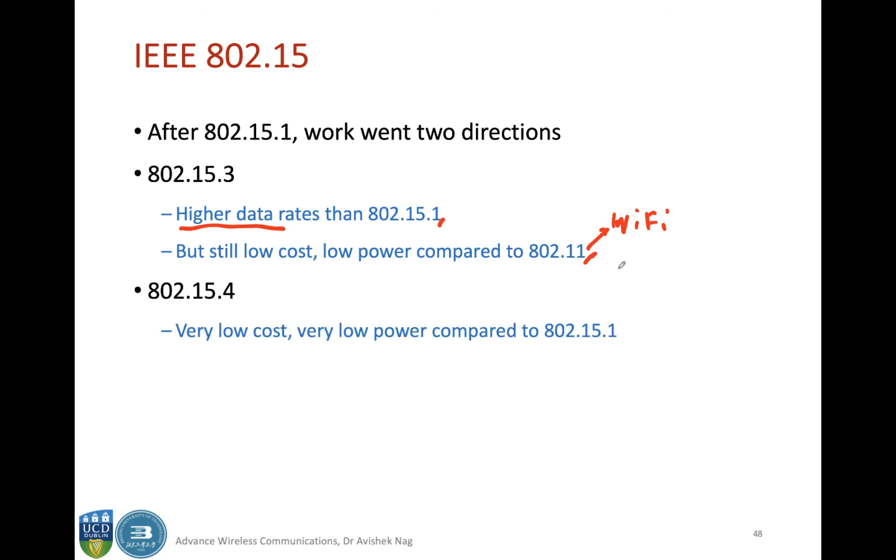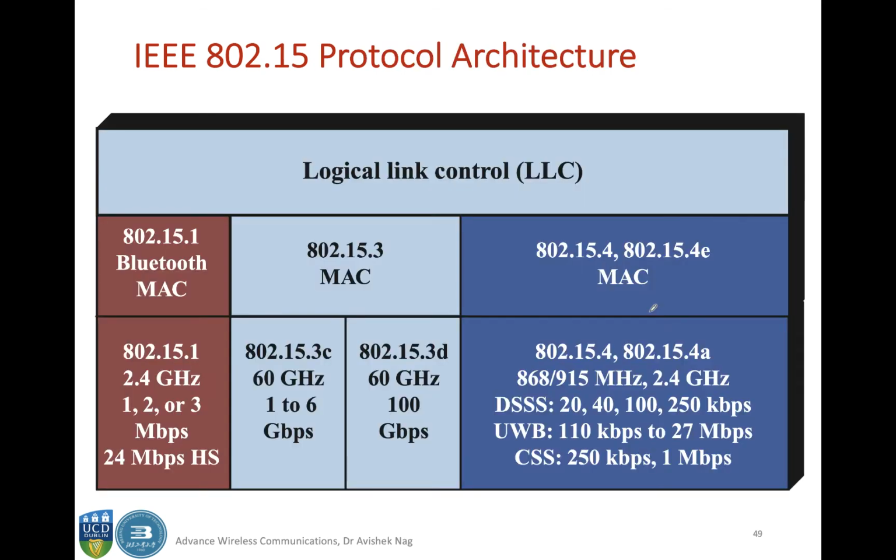And then the next direction was 802.15.4, and this was very low cost, very low power, and also low data rate compared to 802.15.1. So let's look into more details of this 802.15.3 and 802.15.4.